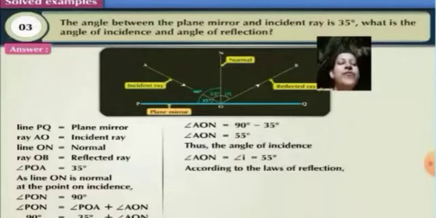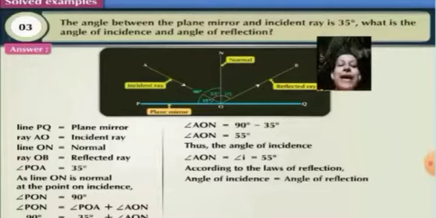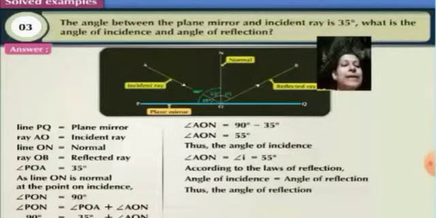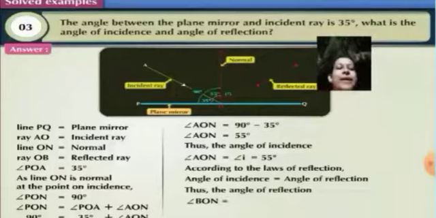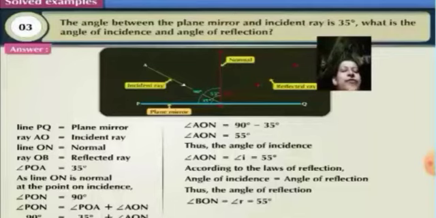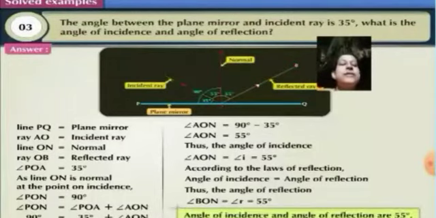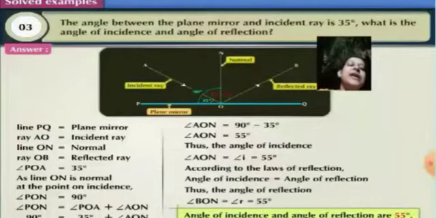Angle of incidence is equal to angle of reflection. So the angle of reflection BON, which is angle R, is also equal to 55 degree. So this is the third question. Therefore, angle of incidence and angle of reflection are equal to 55 degree.